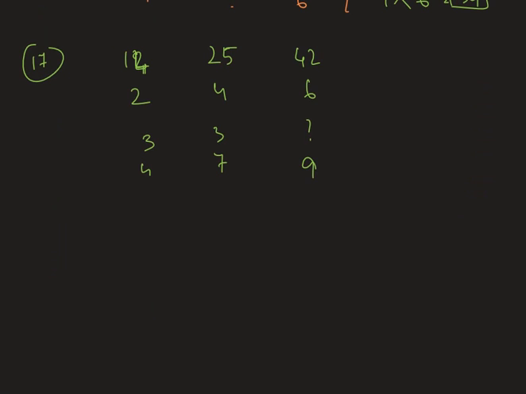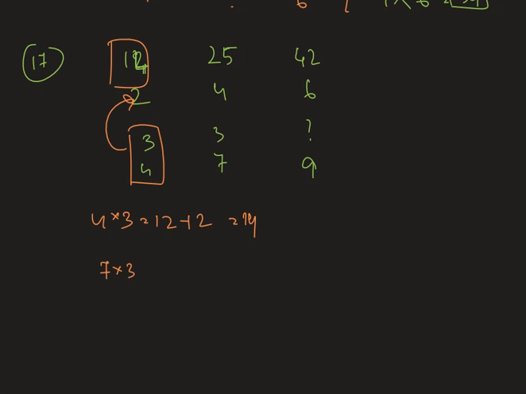So if we notice, we can find a pattern inherent in this matrix: if we multiply the last two elements in a particular column and add the second element, we get the first element in that particular column. That is, if we multiply 4 into 3 we get 12, and if we then add 2 with 12 we get 14.